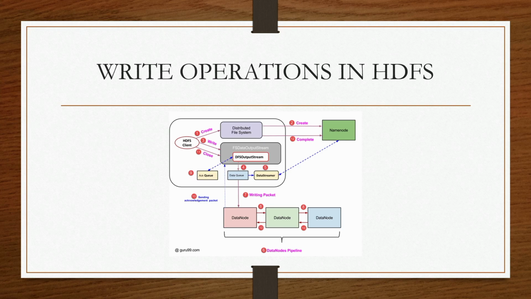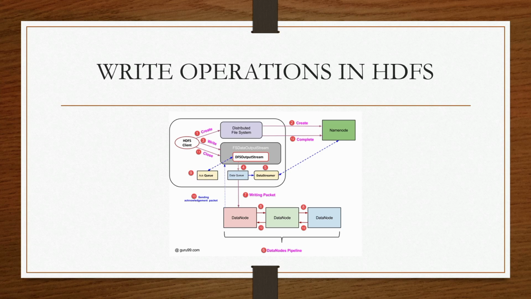Otherwise, the operation succeeds and a new record of this file is created by the NameNode. Once the new record in the NameNode is created, an object of the type FSDataOutputStream is returned to the client. A client uses it to write the data in HDFS.